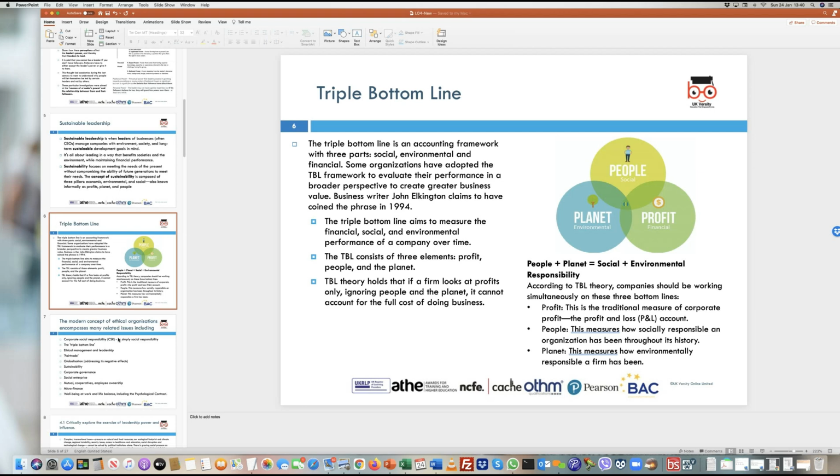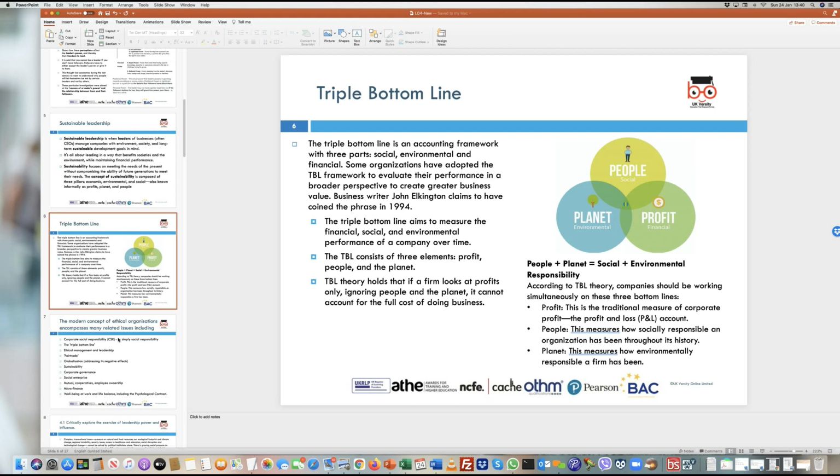What he proposed was that in order to know the true cost of producing a good or service, you need to incorporate not just the employee cost and resources cost, but look at the costs from three different angles. One is planet, the other is people or community, the social aspect, and the third is the profits that you're generating from the business.